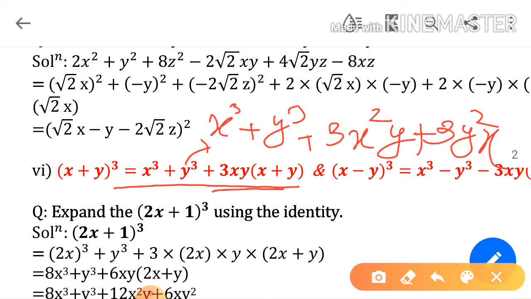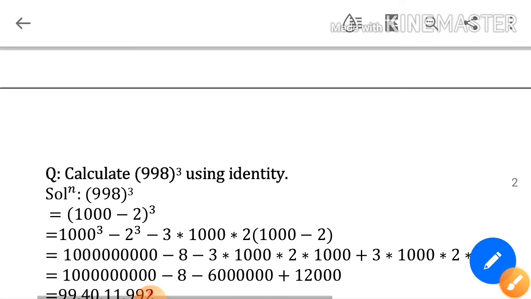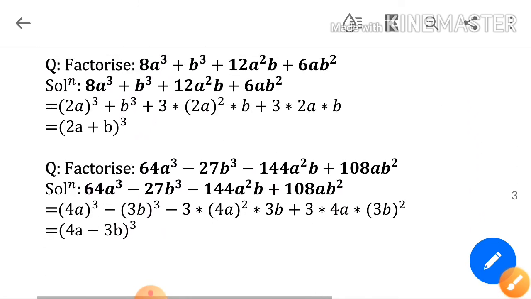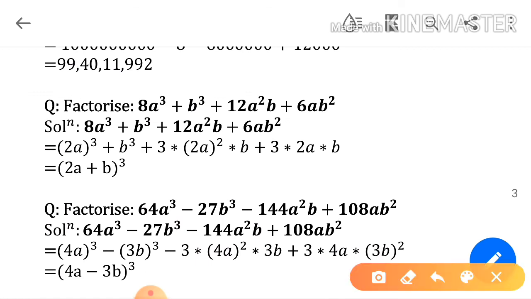This is another form of this formula, and by that formula I have written here x³ + y³ + 3x²y + 3xy². Here is also a whole cube. That is why here is (2a + b)³.